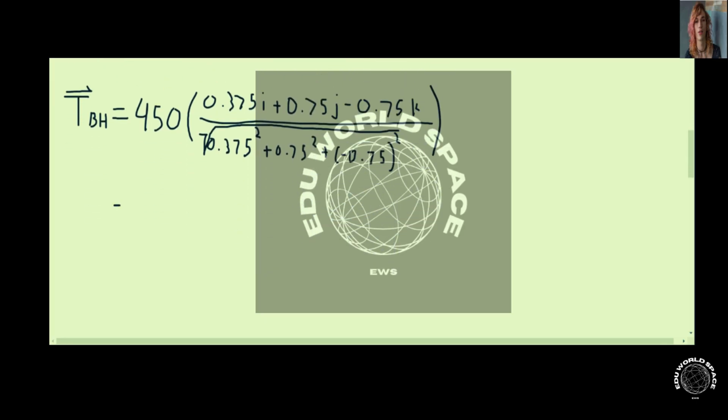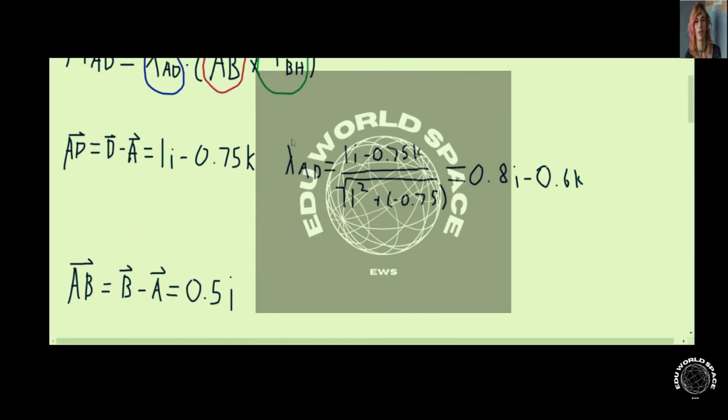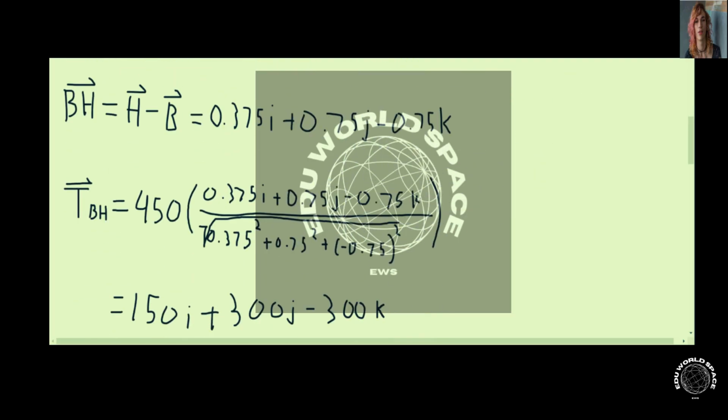And this will give us a vector of 150i plus 300j minus 300k. And we now have everything to plug into this formula.